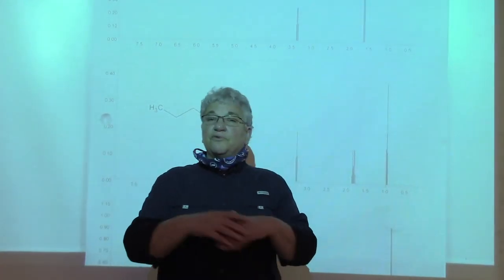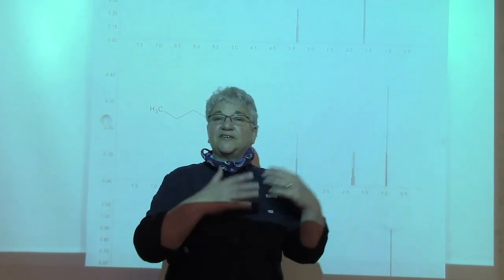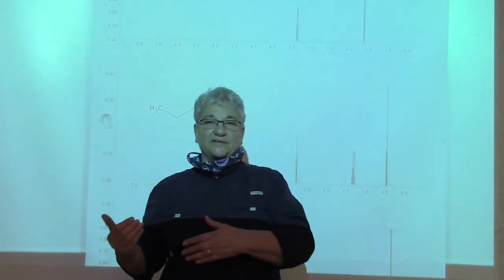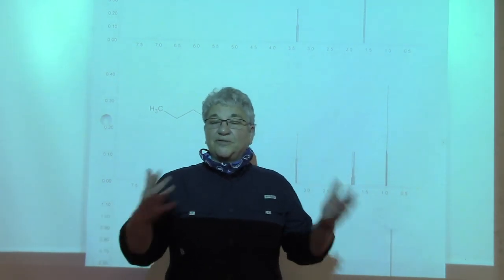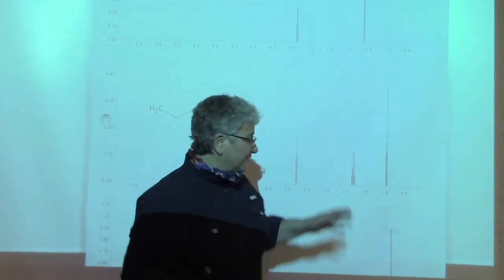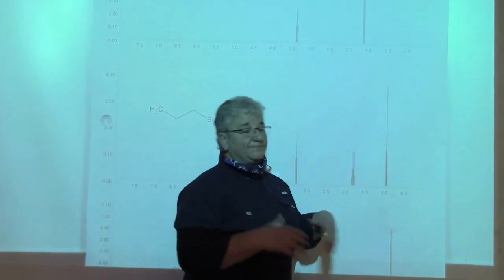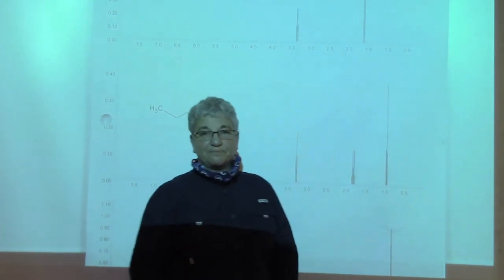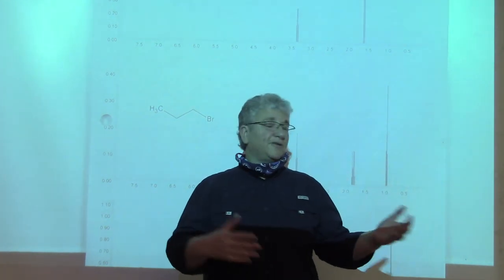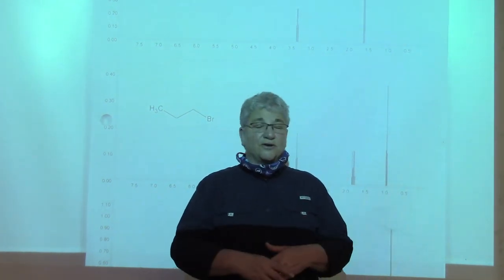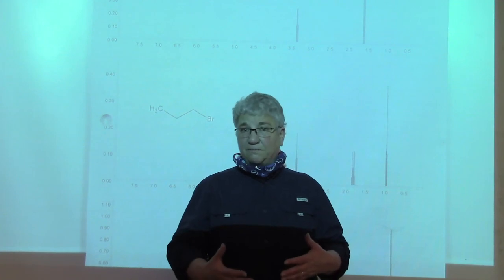So what you really get is a triplet of quartets, which would really give you 12 peaks. But those peaks all start to overlap each other, so that's why you don't actually see 12 peaks. So we're not going to worry about that being a triplet of quartets. We're just going to call it a multiplet.